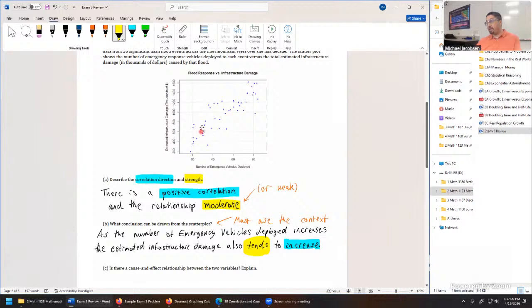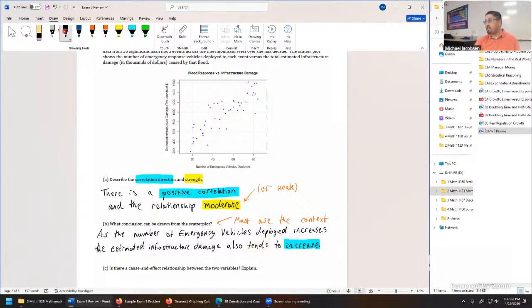The points are kind of jumping up and down, but one is associated with another as one is increasing with the other. What I don't want to say is one is causing the other to increase. So I try to avoid language that says the higher number of emergency vehicles causes higher infrastructure damage, because that's where we could get in trouble with the part C there.